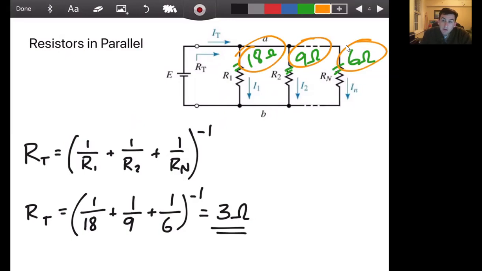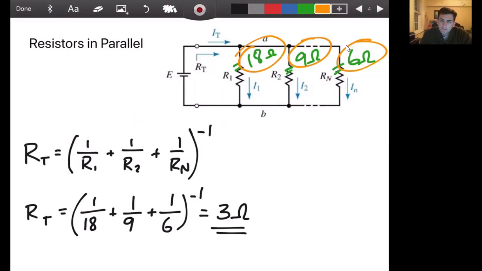When you put resistors in parallel, the equivalent resistance of each of those in parallel is always going to be less than any one individual resistance.